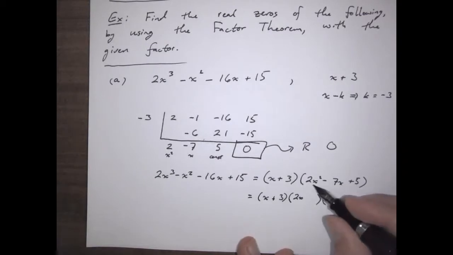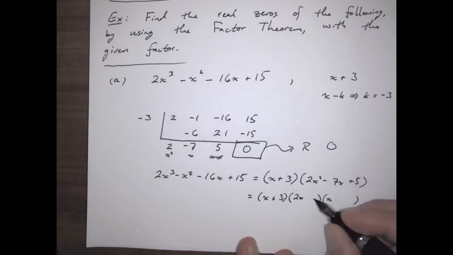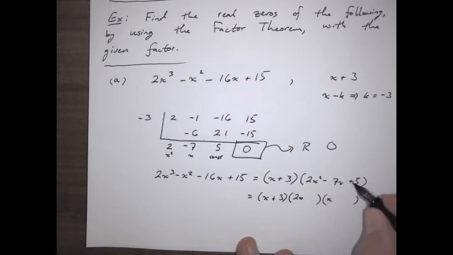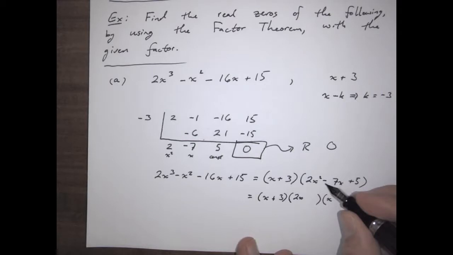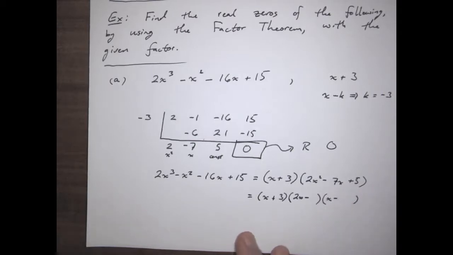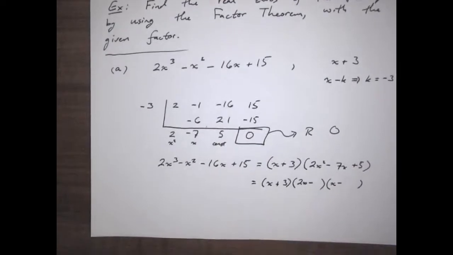So I know that if the two things are going to have to multiply together to make 2x squared, it's going to be a 2x and an x. Now over here I'm going to have to put two things that multiply together to make positive 5. But my middle terms are going to have to add up to a negative 7. So I know they're going to have to be negative and negative. And furthermore, I know that they're going to have to be a 5 and a 1.